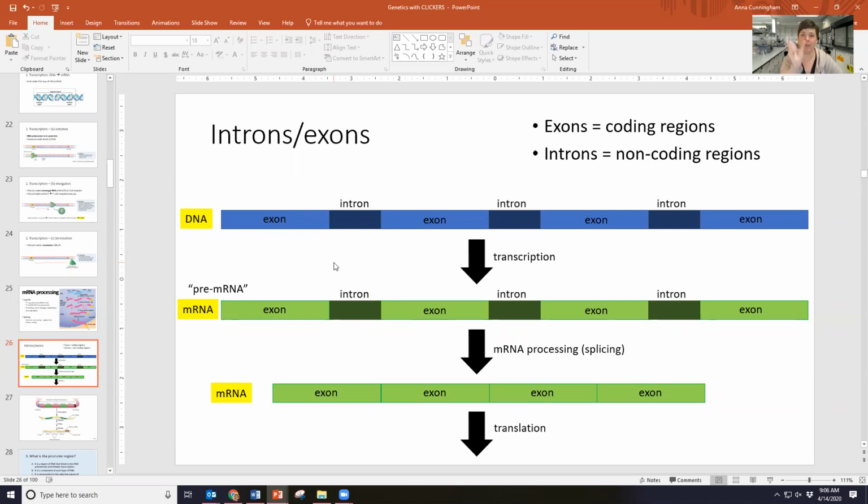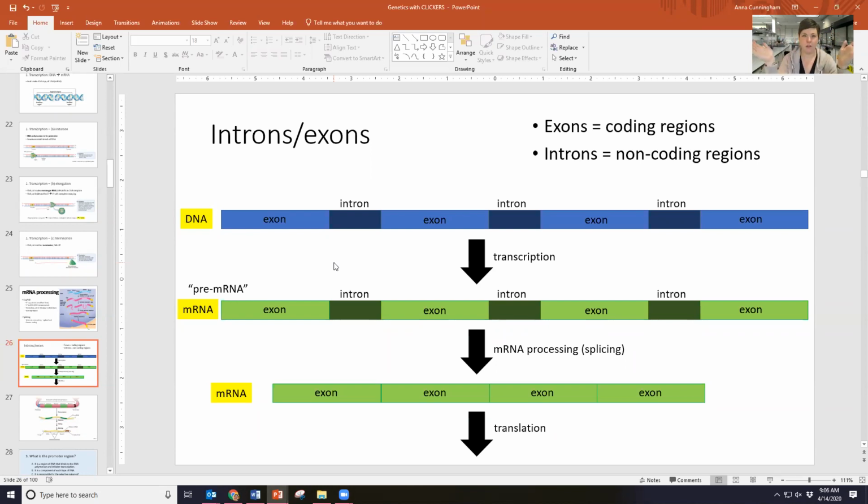However, introns are segments of nucleotides that we're going to cut out. And the reason we cut them out after we generate our pre-mRNA, when we go through processing, is because introns are segments of nucleotides in the DNA, and those nucleotides do not directly contribute to amino acid sequence, right? So they're nucleotides, but we don't want those sequences being transcribed into codons.